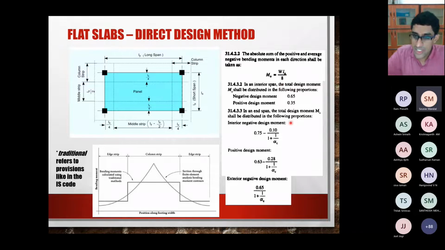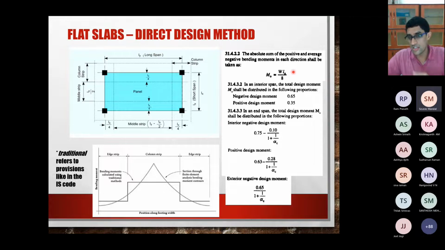Even though you have negative and positive moments like a continuous system, the formula that you use for the absolute sum of the positive and negative bending moments resembles the simply supported bending moment. But this particular M naught does not have much meaning by itself.